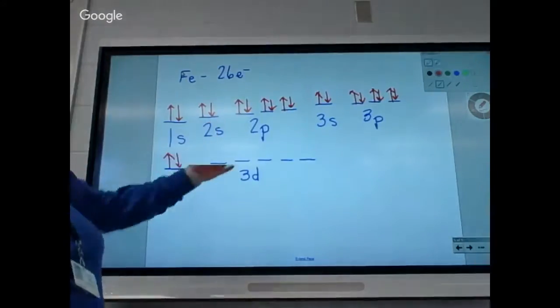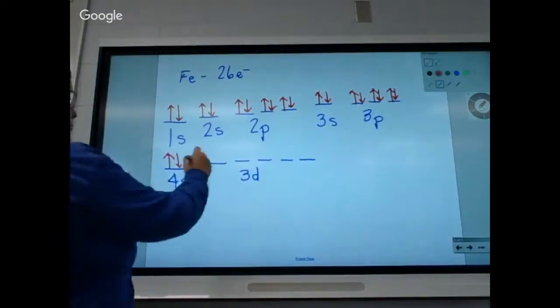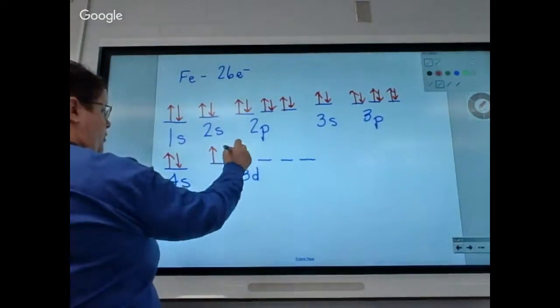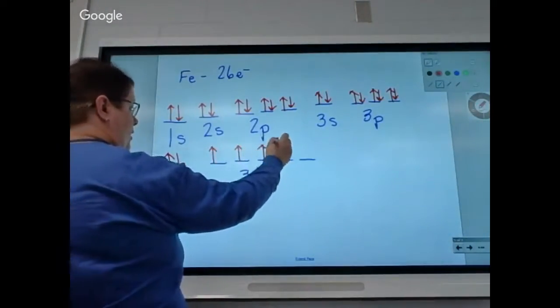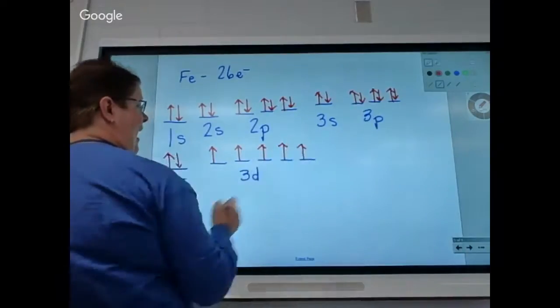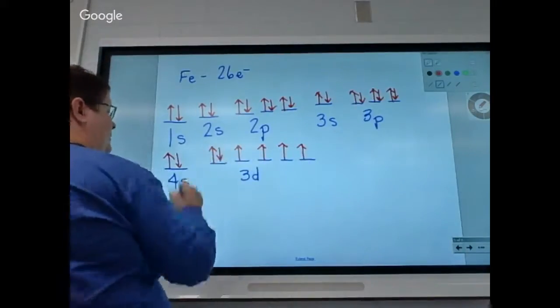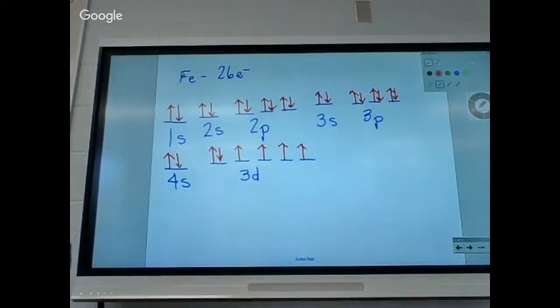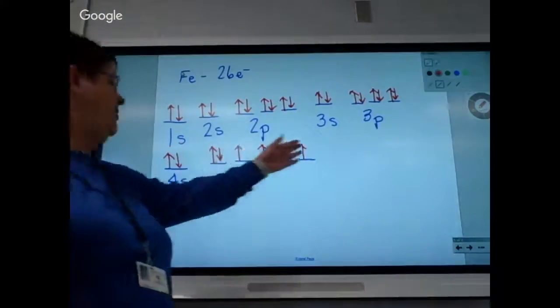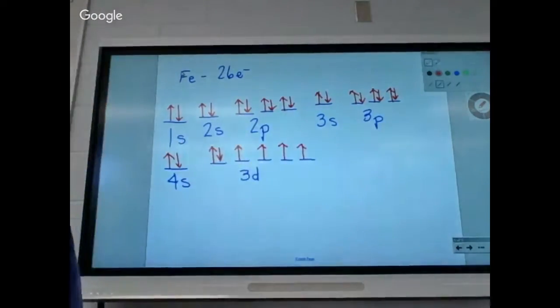I have 6 more, so 1, 2, 3, 4, 5, 6. Boom. If you have anything other than this on your paper, when I grade it, it's wrong. There is no partial credit.